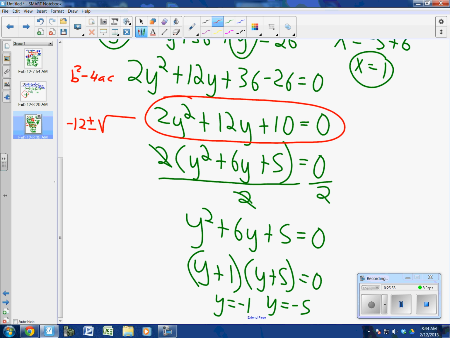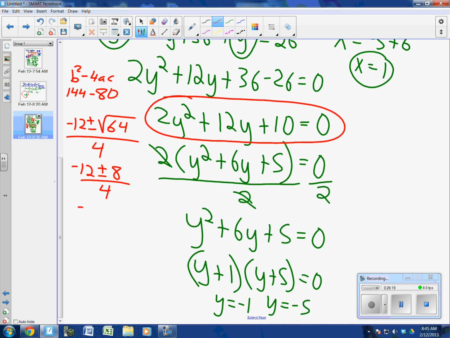Minus 4 times 2 is 8, times 10 is 80. What's 144 minus 80? 64. All over 2a. 2 times 2 is 4, right? -12 plus or minus the square root of 64, which is 8, all over 4.